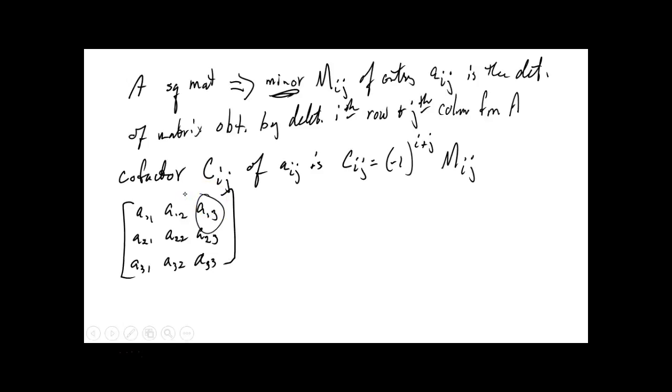Now, what you do to find its minor is to wipe out the first column, wipe out the third row. There is your minor. Well, no, that's not quite. That's the matrix from which you get the minor, and the minor will be the determinant of that. That would be A21, A32 minus A22, A31.